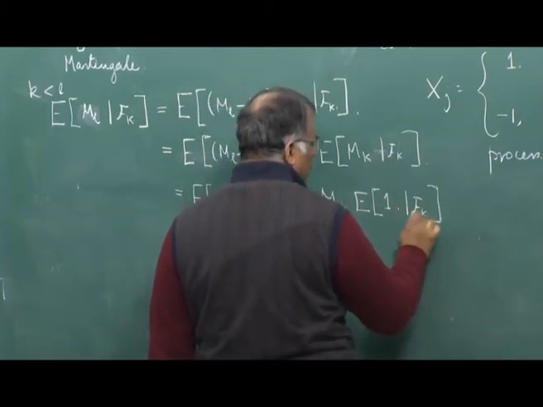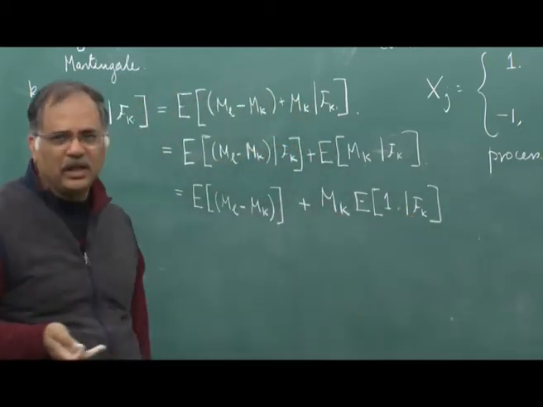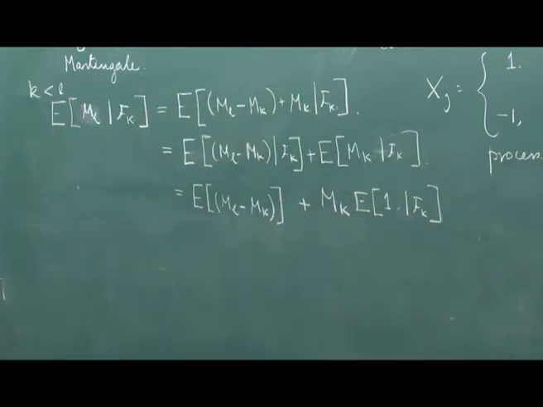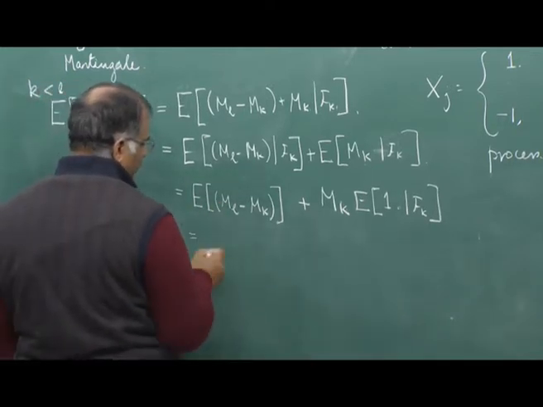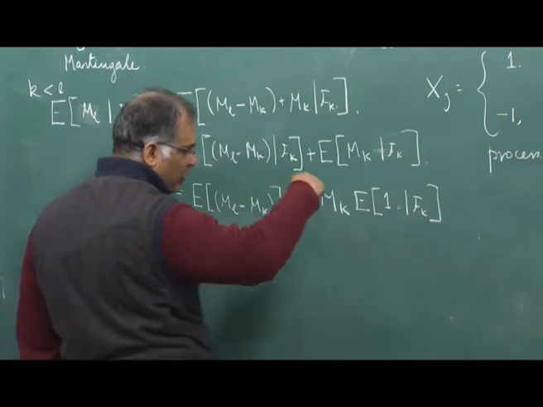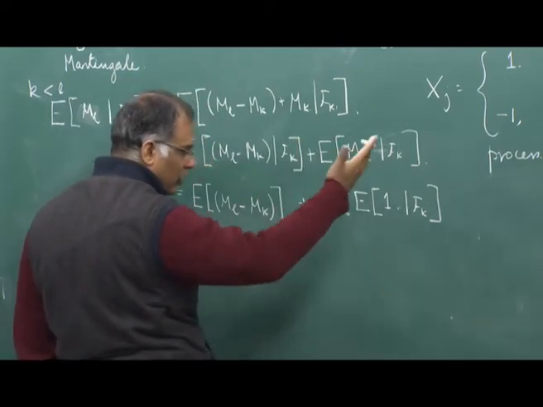Of course, 1 is a constant random variable, it is independent of Fk. So, the expectation of 1 will be just 1, because everything will be 1, so the sum of the probabilities will sum up to 1.